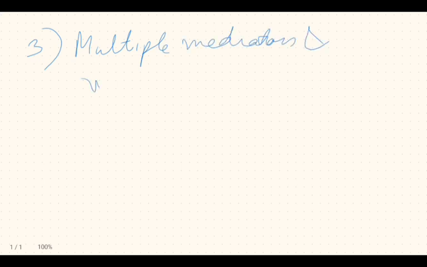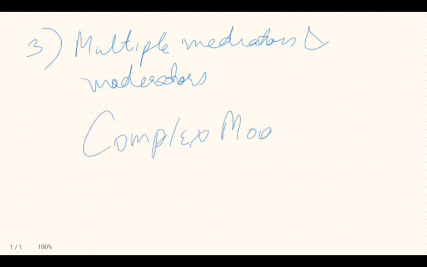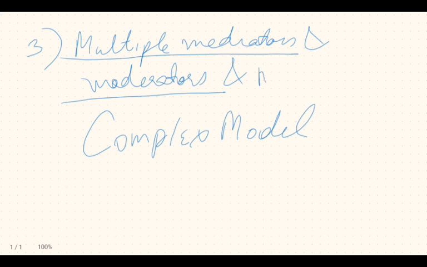The third reason is if you have multiple mediators and moderators in your model. In that case you can go for structural equation modeling, as your model is now complex, with multiple mediators, multiple moderators and maybe multiple DVs, that is, multiple dependent variables.